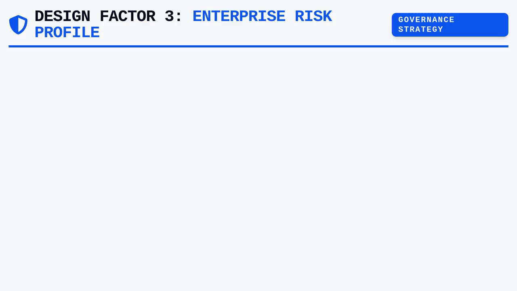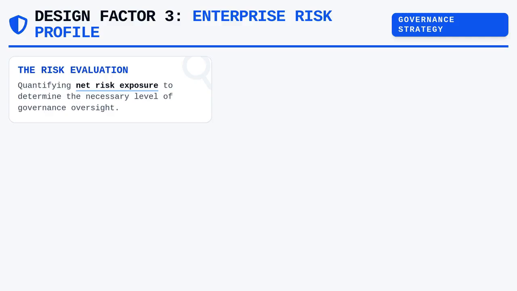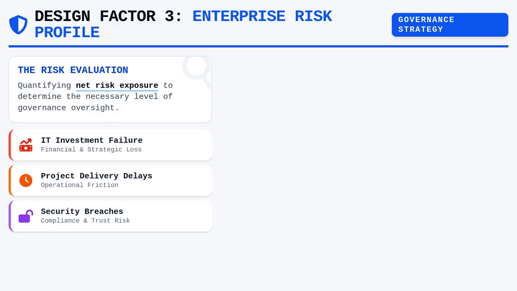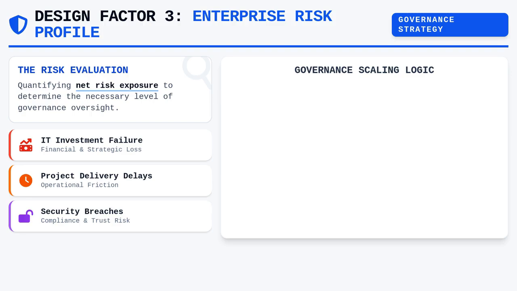Design Factor 3 concerns the enterprise risk profile. Every organization operates within a landscape of uncertainty, and understanding how net risk exposure impacts governance choices is fundamental to a mature system. We must evaluate various risk categories, such as IT investment failure, project delays, or security breaches, to determine the level of oversight required.